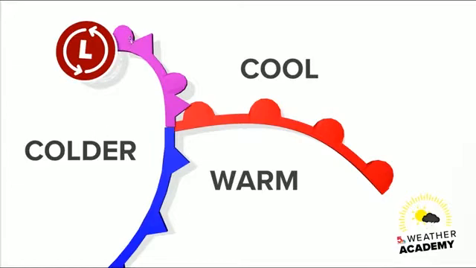When the cold front actually catches up to the area where the warm front is, we call that a triple point, where the warm front, the occluded front, and the cold front come together. We see that occluded front develop, and that separates cool air from colder air.